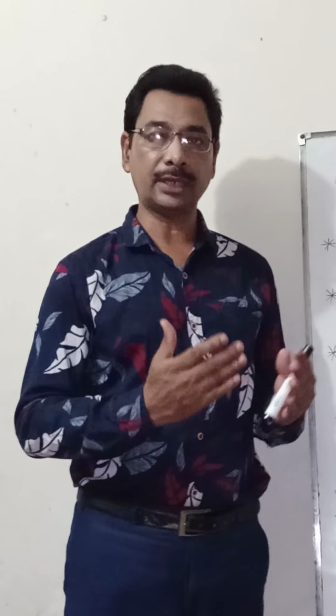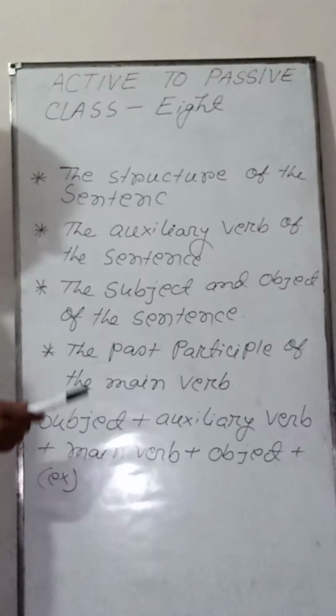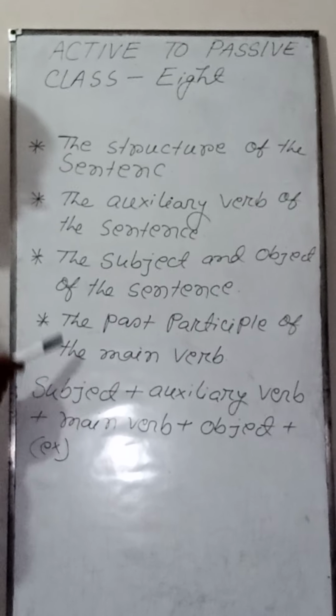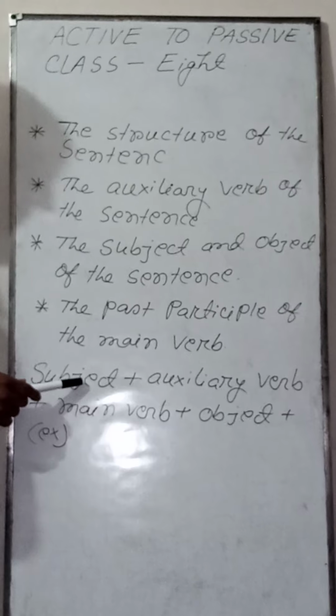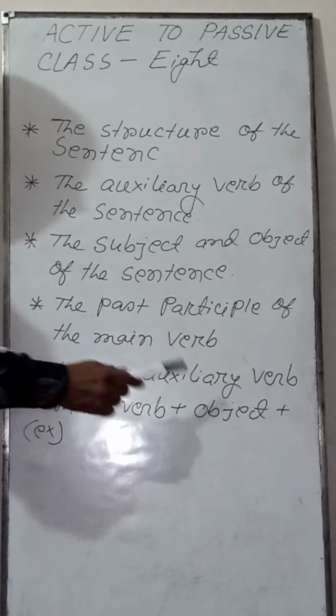First, I have to point out the subject, then the auxiliary verb, then the main verb, and then the object. If you find a sentence, you have to identify first the subject, auxiliary verb, main verb, and object.